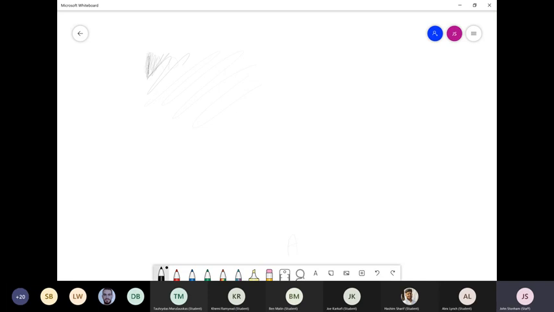Can anybody see anything coming through? Pinch to zoom, it's appearing completely dead. No, it's frozen. It's not my day today.